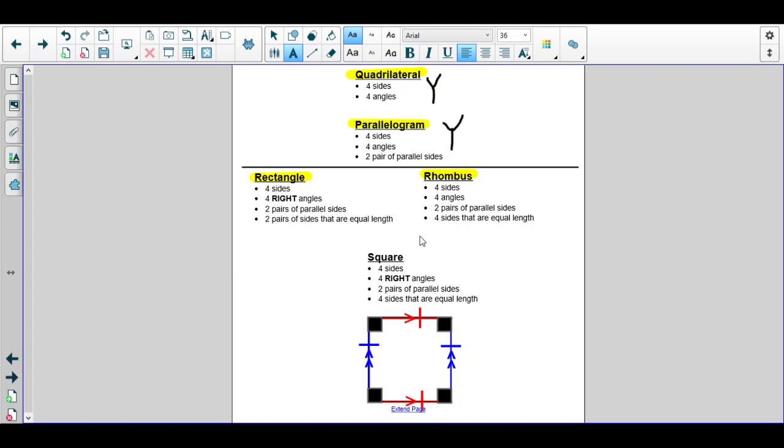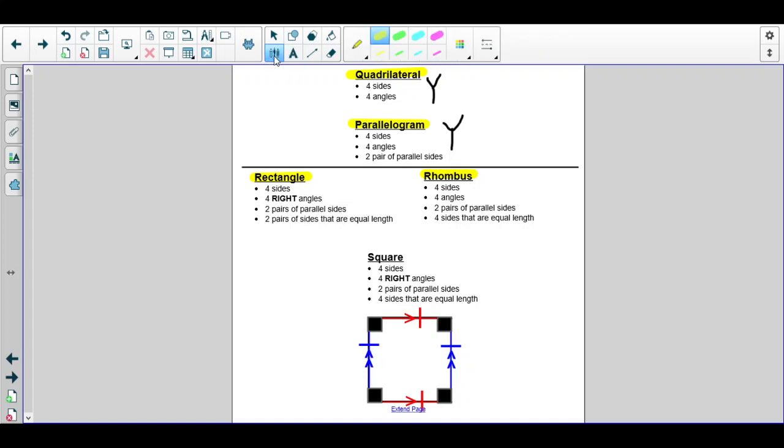All right. So now if we look at the square, what do we have with the square? Well, do we have four sides? Yes. Do we have four right angles? Yes. Do we have two pair of parallel sides? Yes. And do we have four sides that are equal length?